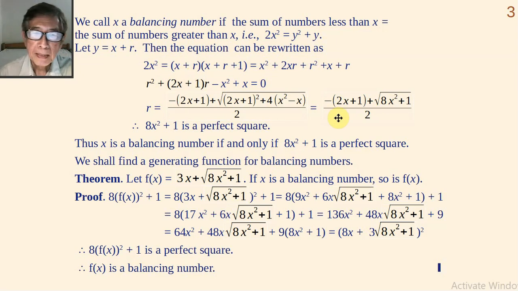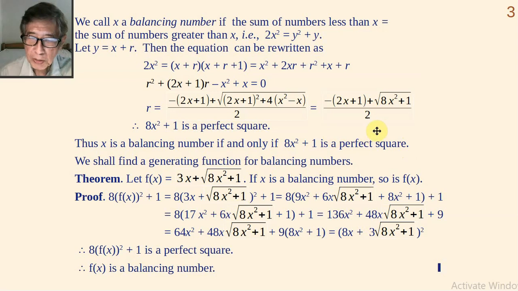Now, r has to be a whole number. That can happen only if the square root of 8x squared plus 1 is a whole number, and that means 8x squared plus 1 is a perfect square. Thus, x is a balancing number if and only if 8x squared plus 1 is a perfect square.